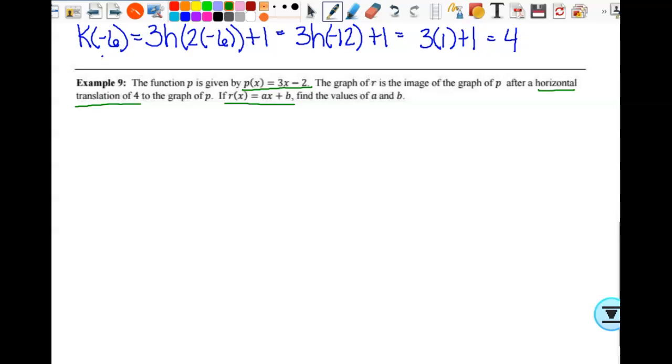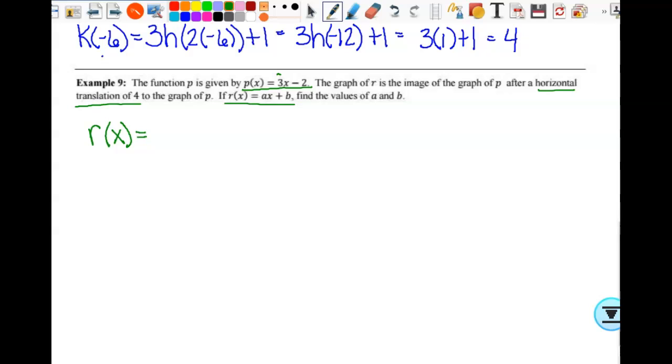Okay, if I'm going to make a translation, and this is R of x, so my R of x is going to be equal to this, but with a horizontal translation, right? And when I do that, I have to subtract or add to x, right?